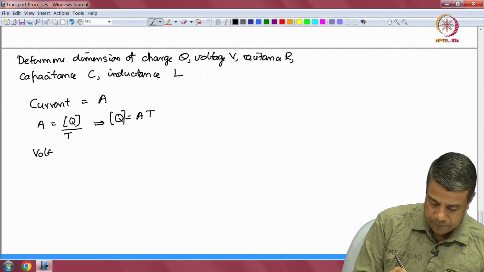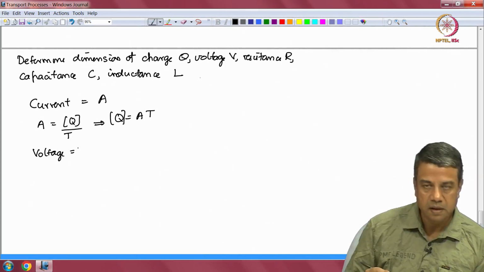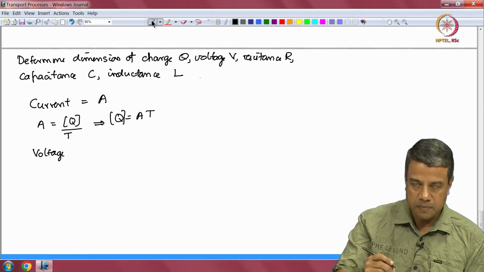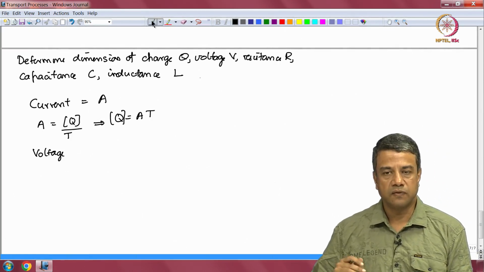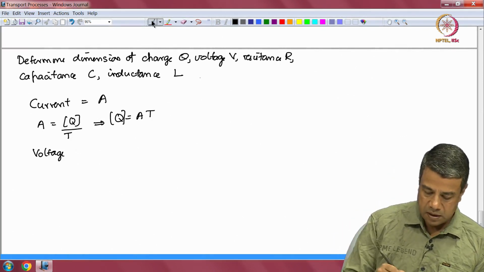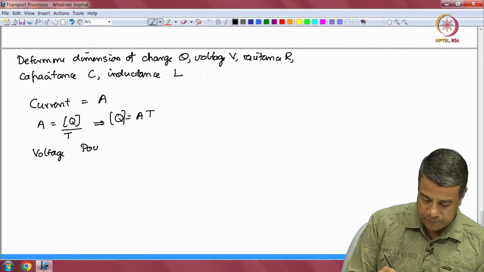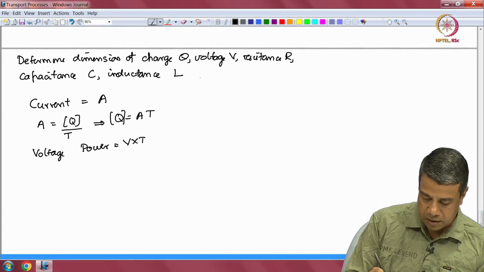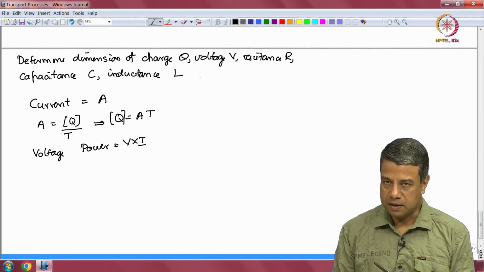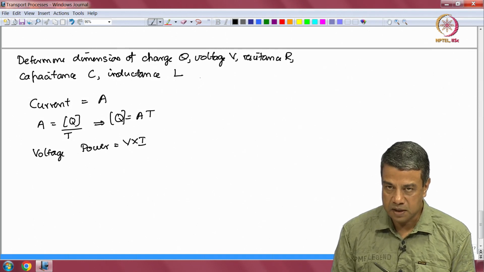Voltage. How do I determine the dimension of voltage? From a relationship which contains voltage and other known quantities. I know that power is equal to V into current. Dimension of power we had calculated, it is energy per unit time.